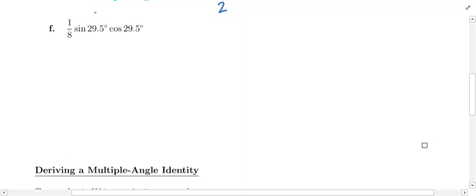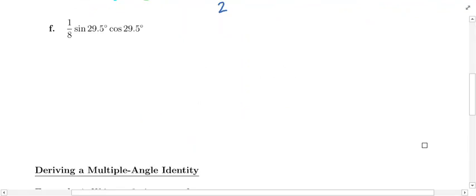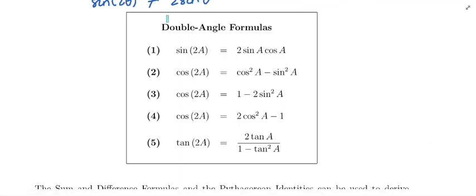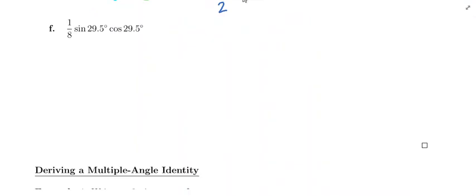Going back to page 1, I'm looking for sine times cosine, maybe with a number in front, and I see equation number 1. I see sine times cosine. There's a number out front. It's not the number that we have, but this is the closest match of all the formulas, so that's the one I'm going to use.